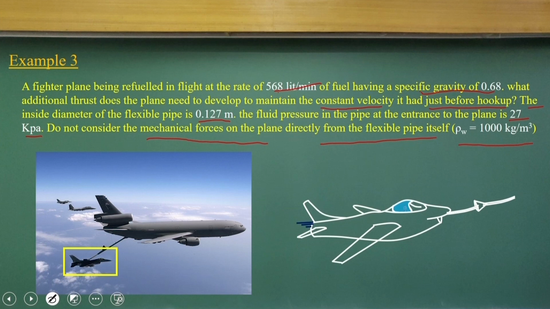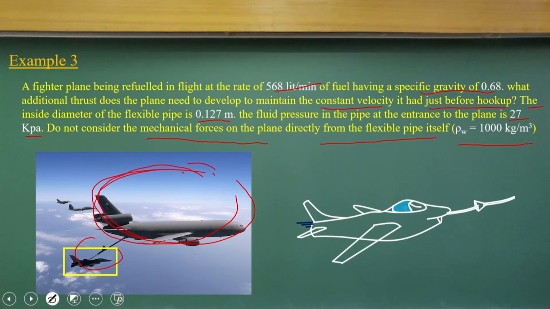The problem is shown graphically in these figures. This is the main aircraft and this is the fueling aircraft, which is fueling the aircraft from this side. That is the new technology that has been developed: in air itself we can refuel the aircraft from this part.